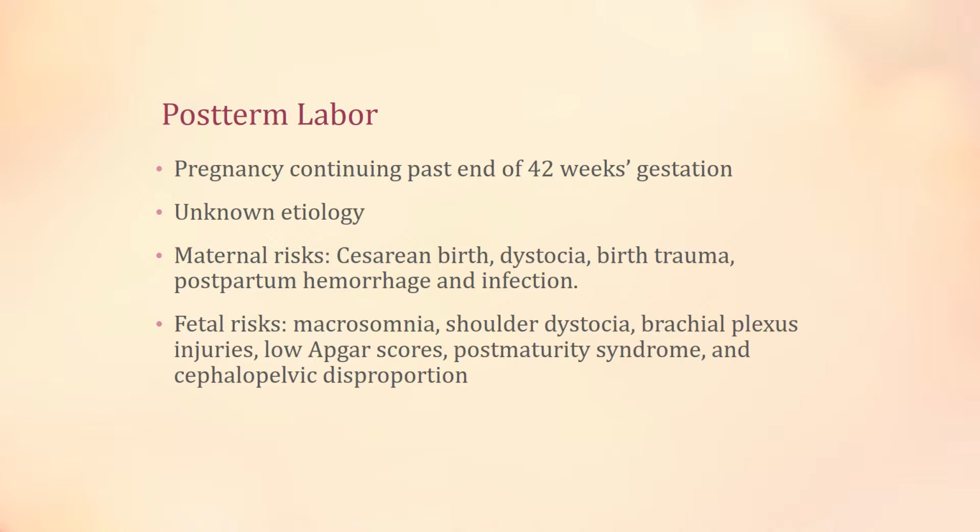And maternal risk is related to a large size of the fetus. It increases the chance of a cesarean. It might also include dystocia or birth trauma or even hemorrhage and infection. The fetal risk of macrosomia means the baby has a large head, shoulder dystocia, which would possibly lead to a brachial plexus injury.